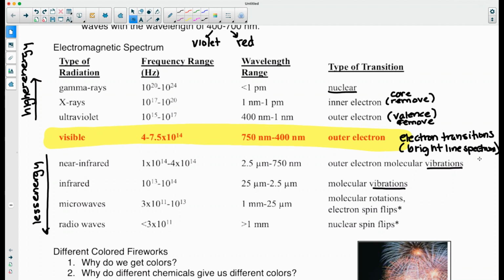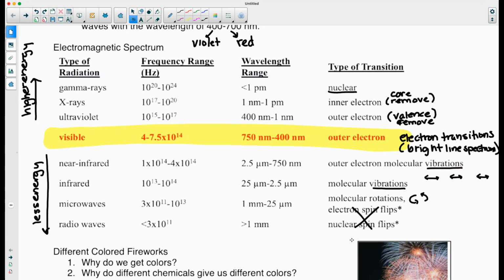Microwaves have less energy, and that less energy can't cause the electrons and the molecules to move back and forth in vibrations. They can only cause the molecules to rotate. This is actually how your microwave oven works. It causes water to rotate, and that rotation warms up the food. And then microwaves and radio waves can only cause spin flips of the electrons and the nucleus.